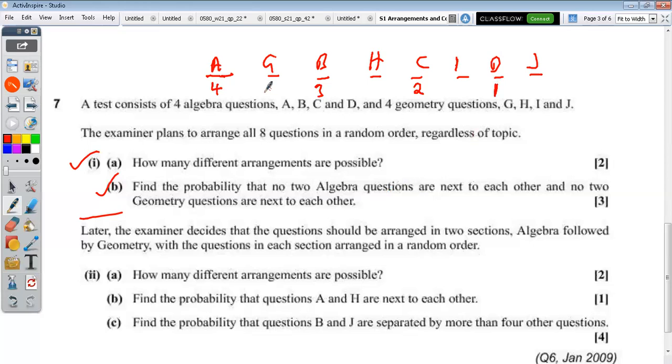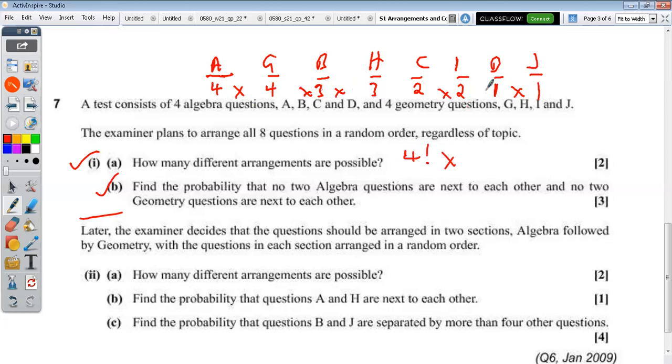Then if I go there, so multiply by. If I go there, I'll only have 4 possible ways because I haven't picked any geometric. Then there, I'll have 3 possible ways because I have now 1 geometric position taken. Then there, I'll have 2 possible ways. Then there, I'll have 1 possible way. Okay. So what I've actually done there is as good as saying 4 times 3 times 2 times 1 is 4 factorial.